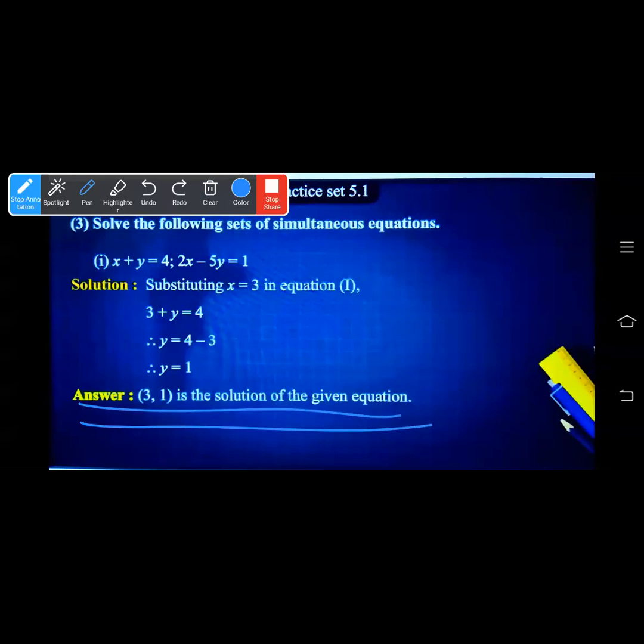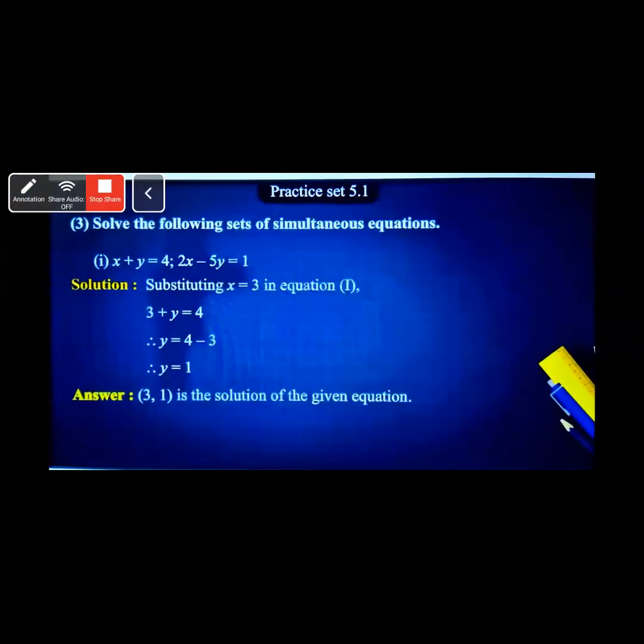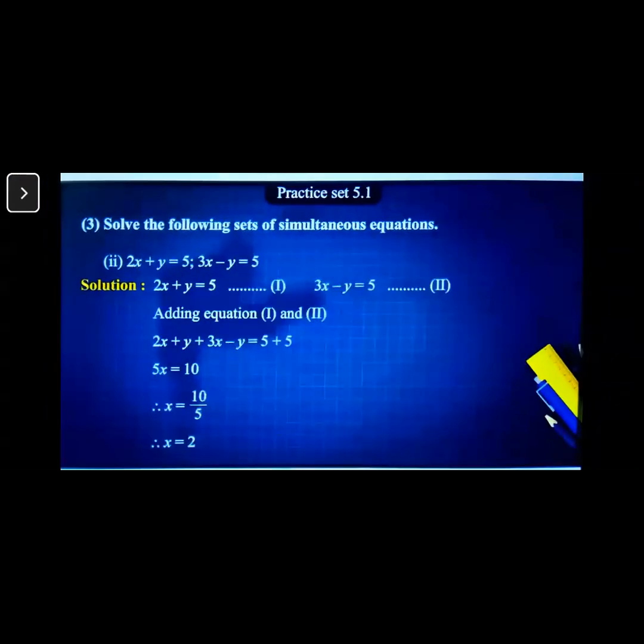Over here you will see why we have changed equation 1 to equation 3. We have got plus 5y and minus 5y, so this is going to get reduced. So you get the solution in a linear equation in one variable first. After that, you can solve this equation and you will get the value of both the variables. Now see.